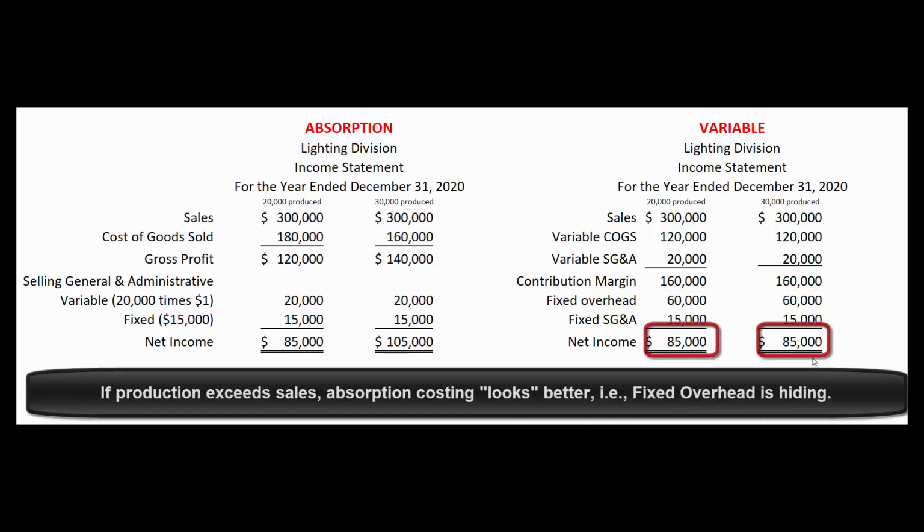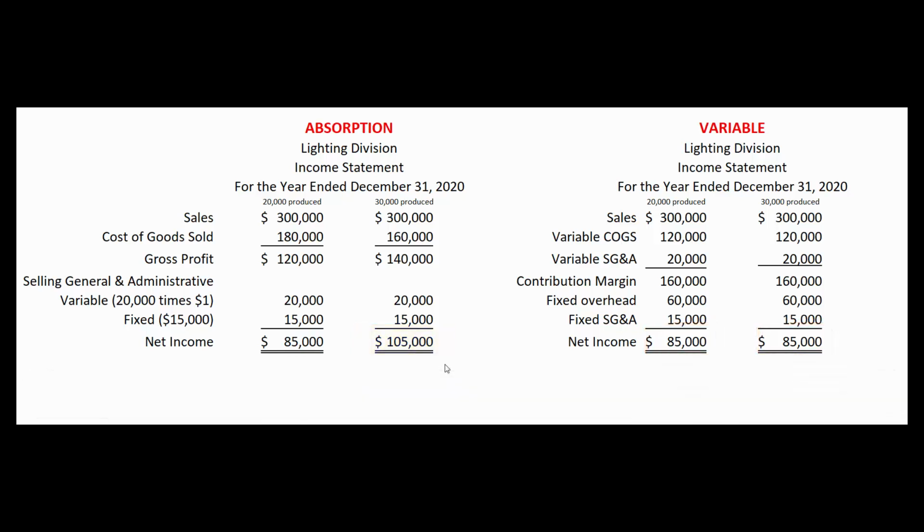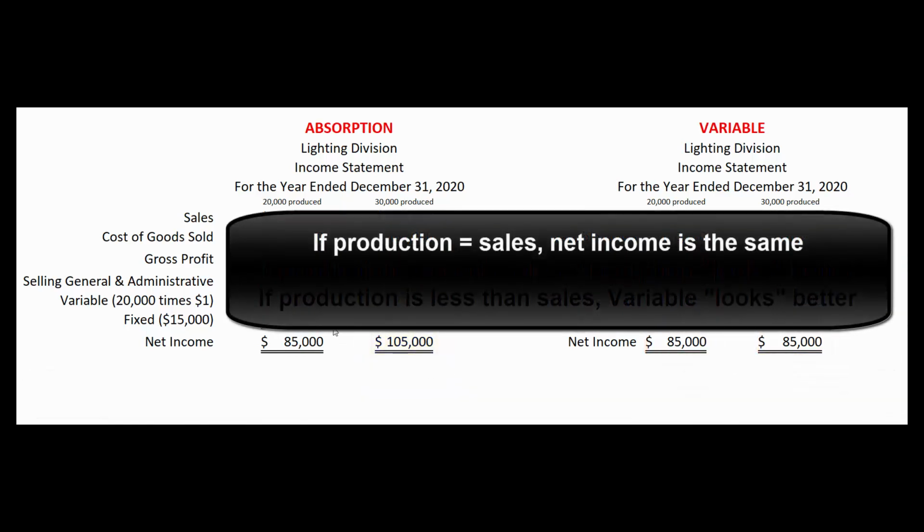If we sold 20,000 units, we should have the same net income. We shouldn't reward ourselves because some inventory is hiding our fixed overhead costs for us. And so if the production and the sales are the same, then the net income under both methods is the same.